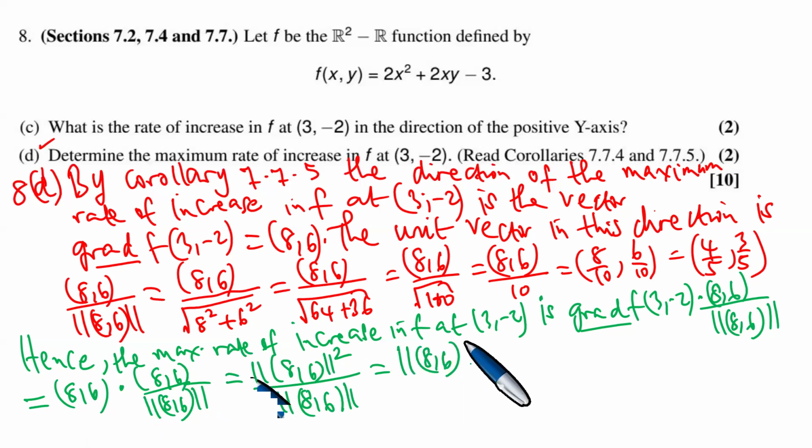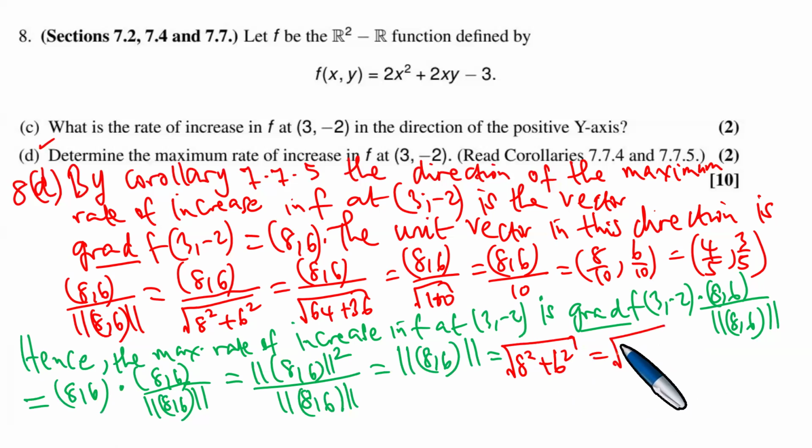It is the square root of 8 squared plus 6 squared, which is 64 plus 36, which is 100. And the square root of 100 is 10. And therefore, we have solved this question.